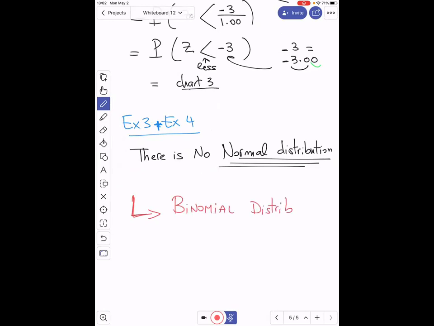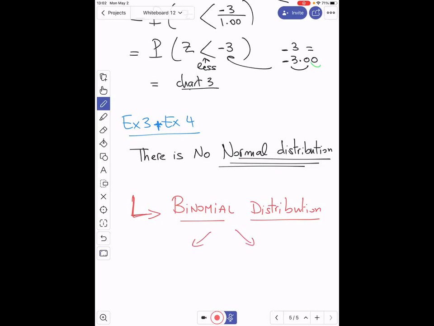All right, makes sense. If you don't have the word normal or normal distribution, it's 99% a binomial distribution. Now, what's this binomial distribution? I remember in the binomial distribution we have the probability of success.